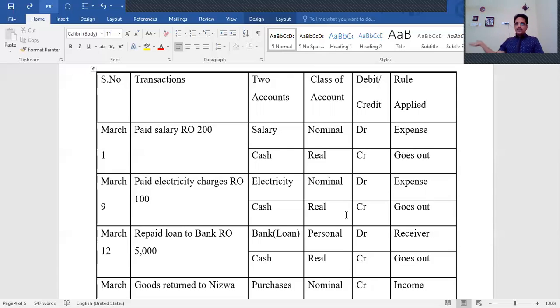Because for preparing the final accounts, the trial balance, income statement, balance sheet, fund flow, cash flow analysis, ratio analysis, everywhere throughout accounting practice, you need to understand clearly exactly which account is debit, which account is credit, and what happens when it increases or decreases.